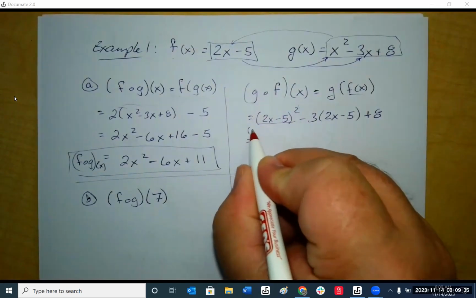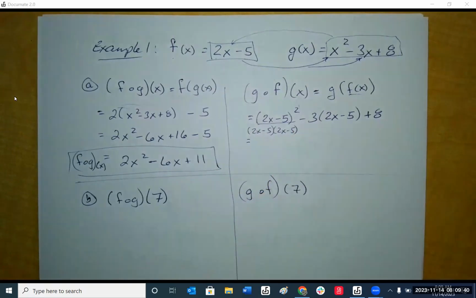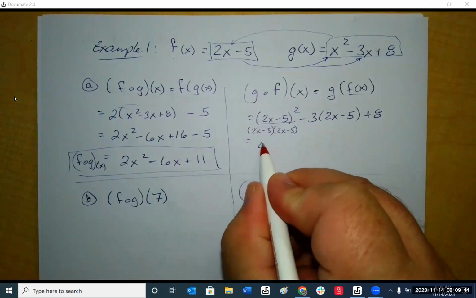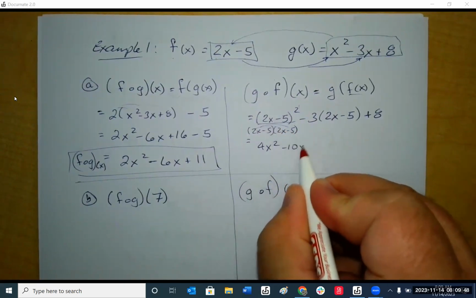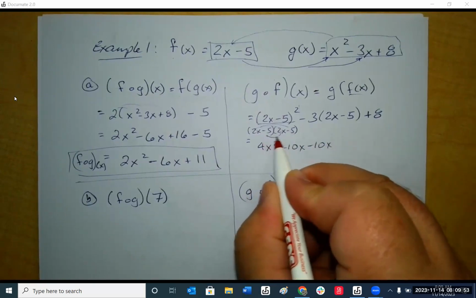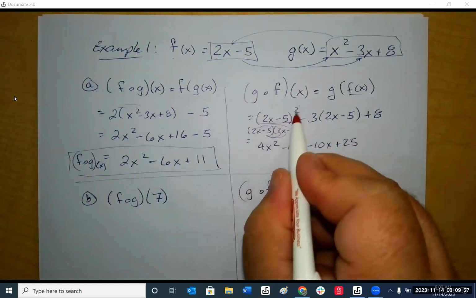What it means is it's 2x minus 5 times 2x minus 5. So 2x times 2x is 4x squared minus 10x minus 10x plus 25. So that's the first one.